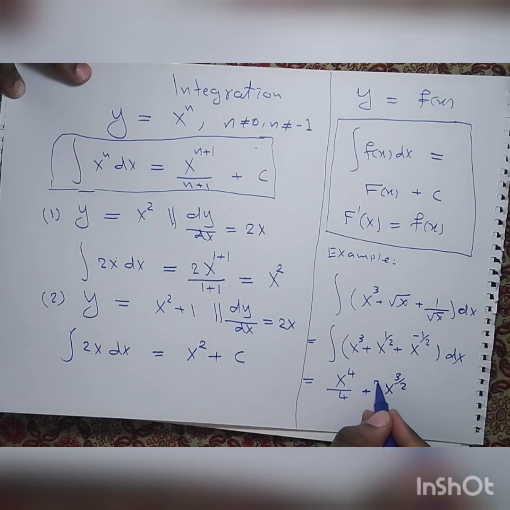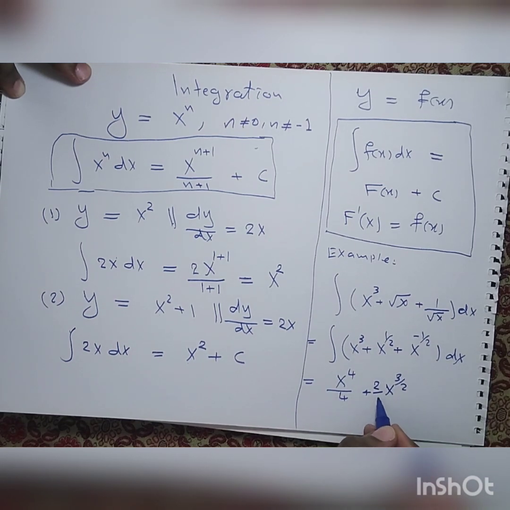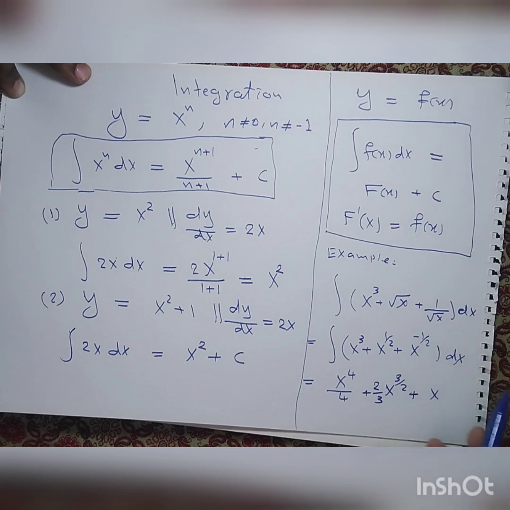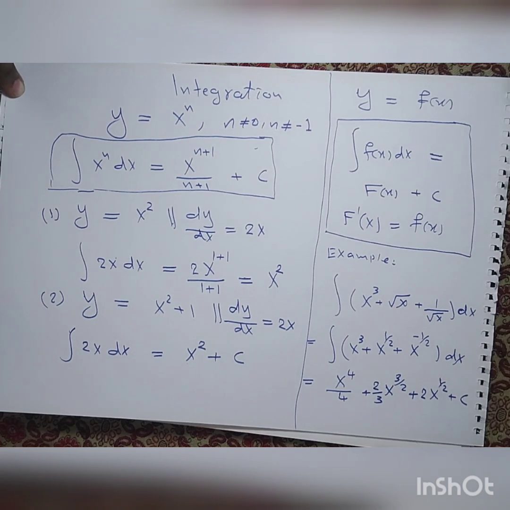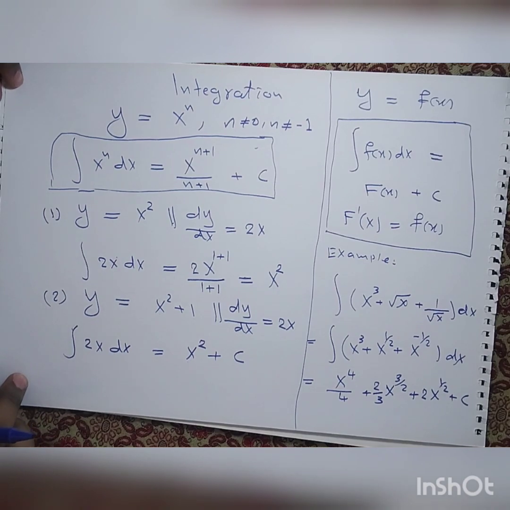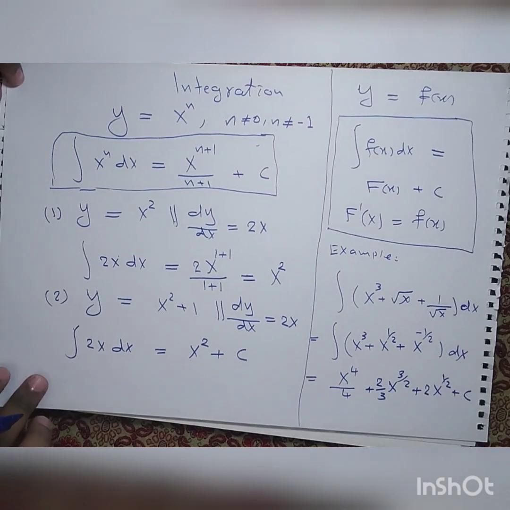This is equivalent to multiplying by 2 over 3, plus here for x, we add 1, then we get half, and we divide by the new power. This is equivalent to multiplying by 2, plus the constant. So you can do it step by step or just do it directly in this way. So this is the first example. Let us take a second example.